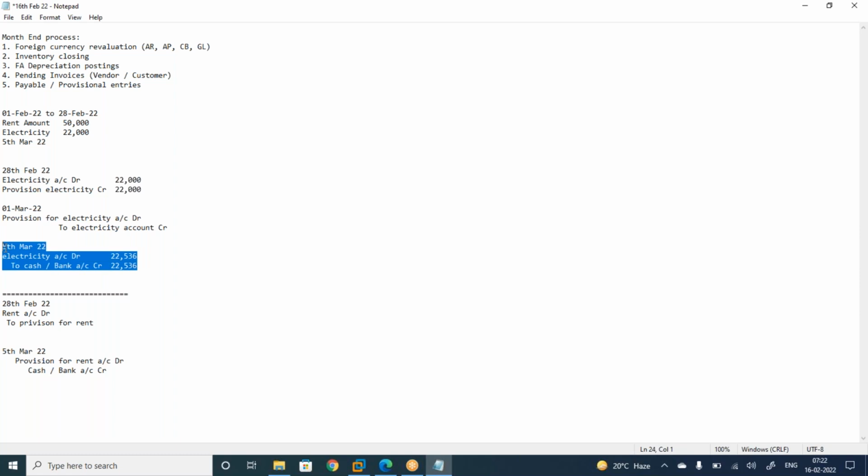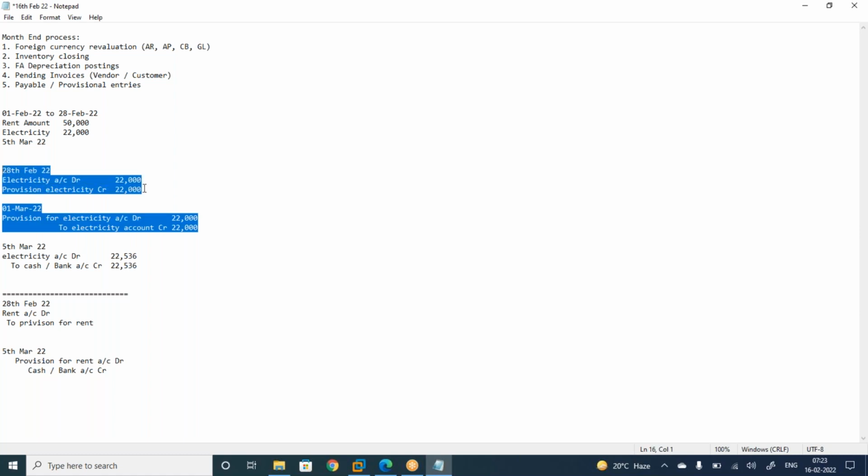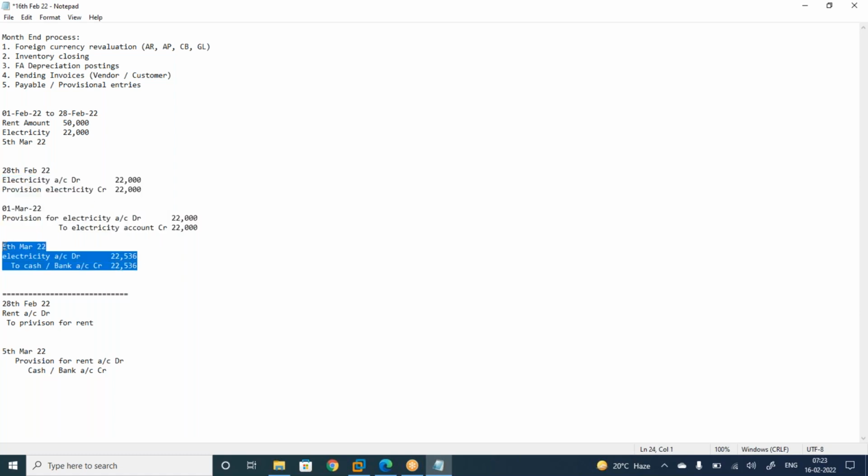This is the actual amount. So this was a rough figure. We don't know the exact amount, roughly we have entered, so we reverse it on the next immediate date. I'm just putting it as a provisional or payable entry, and then I post the actual expenditure at the time.